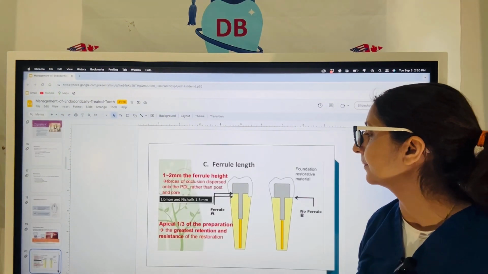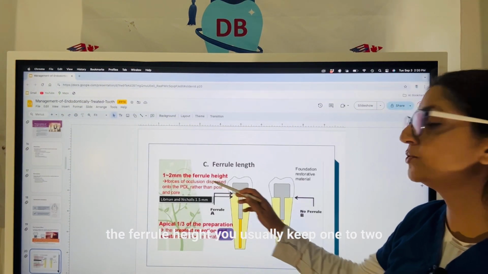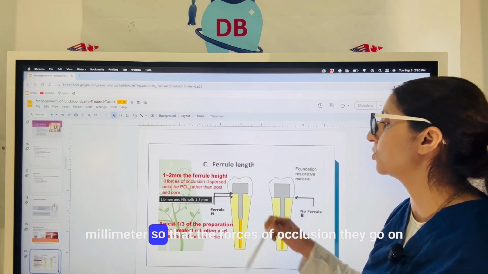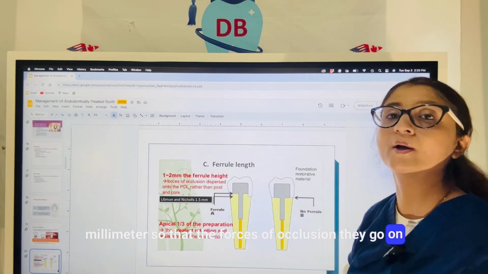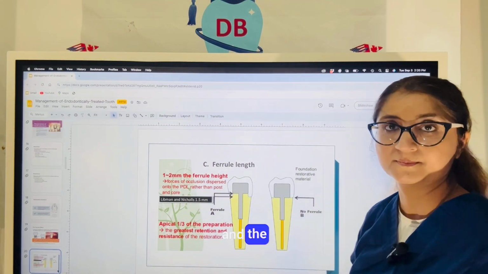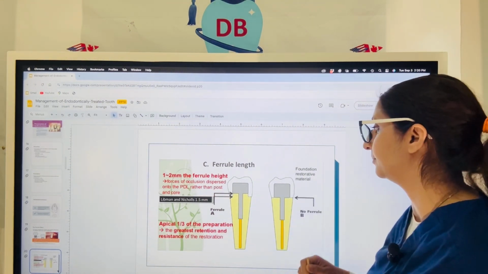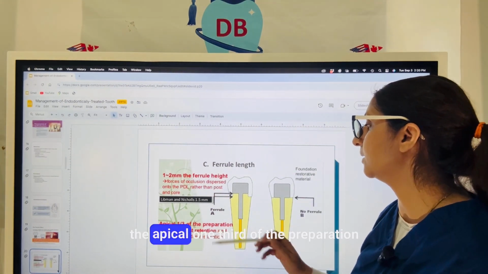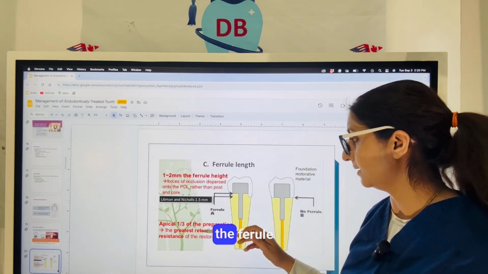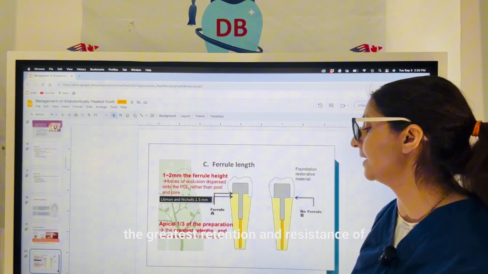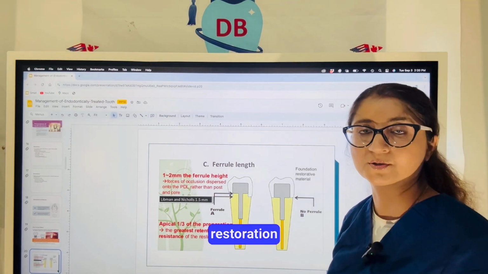So, you usually keep the ferrule height 1 to 2 millimeter so that the forces of occlusion go onto the periodontium and the underlying bone rather than on the post and core directly. The apical third of the preparation, the ferrule, gives the greatest retention and resistance of the restoration.